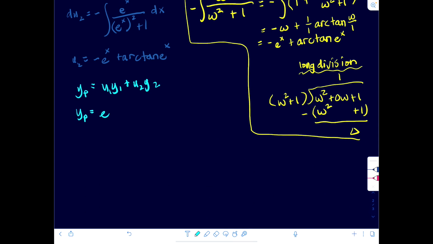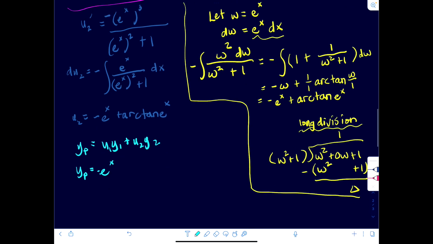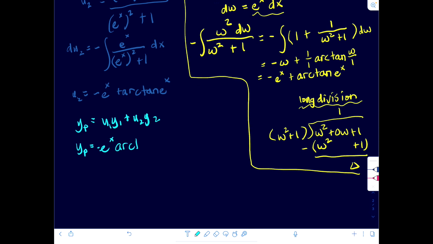So we'll have negative e to the x times arctangent e to the x, and then plus, I think that one's negative as well, right? So we'll put a minus e to the negative x, because that was y2, times, actually we'll do this as a plus, and then we'll have our negative e to the x plus arctangent e to the x.